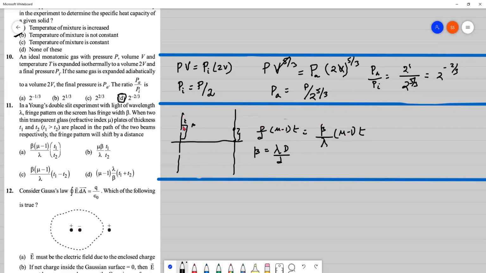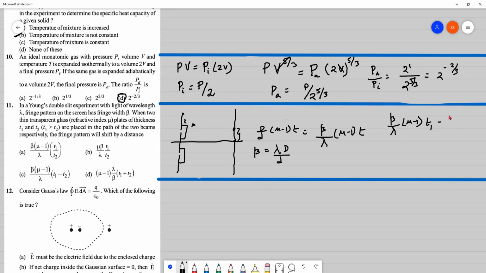So the thing is that when you put the transparent plate on the upper slit, the shift will be upward. When you put it on the downward slit, the bottom slit, then the shift will be downward. So here they are keeping the transparent sheets both ways, so it should be a subtraction. So for the upper plate it should be beta by lambda times (mu minus 1) T1, minus beta by lambda times (mu minus 1) into T2, because T1 is given greater than T2.